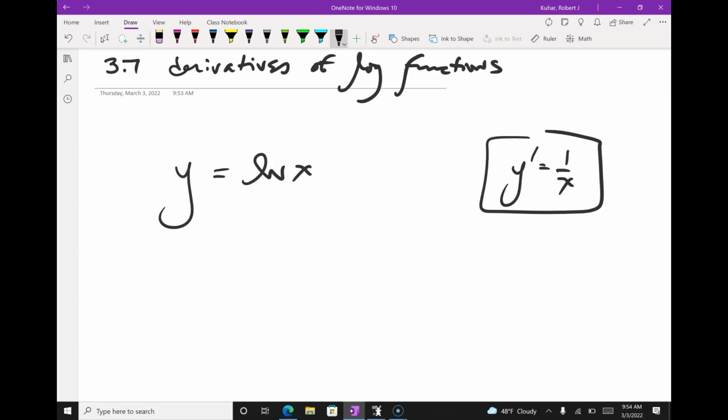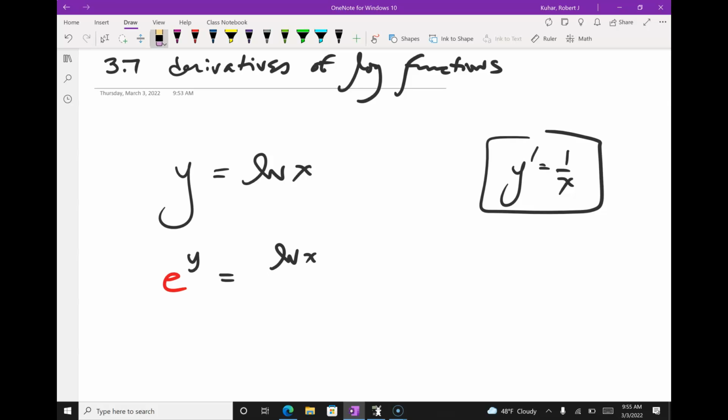So what we do is we use the inverse function, right? Because now that we know how to take a derivative of inverse functions, we're all set here. What is my inverse function here? Base e to the x, right? So e to the y had better be equal to e to the ln of x, right?